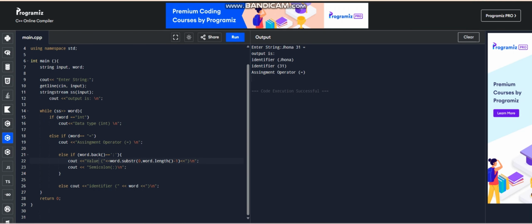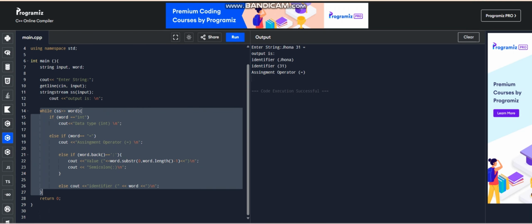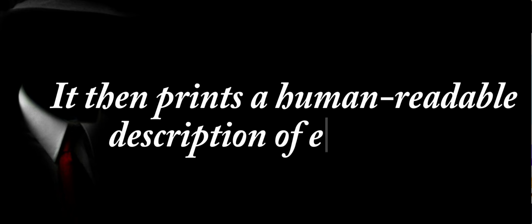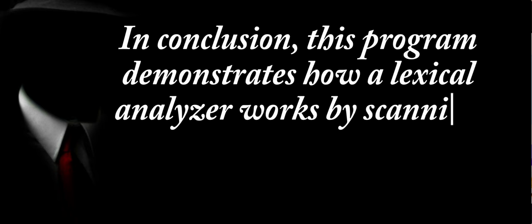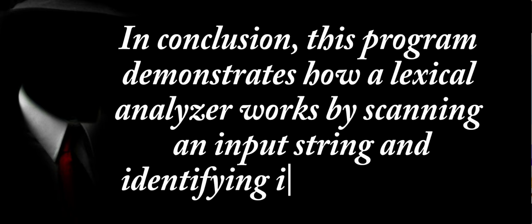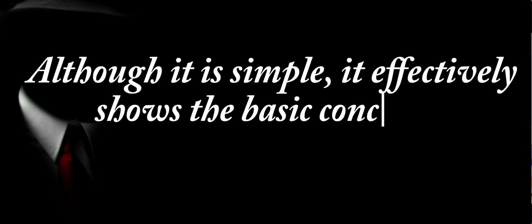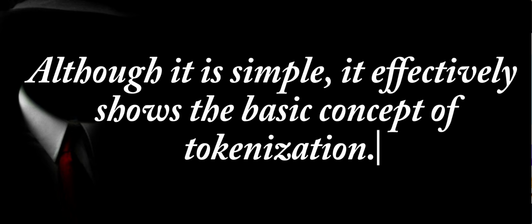Using these conditional statements that we have here, it prints a human readable description of each token. So in conclusion, this program demonstrates how a lexical analyzer works by scanning an input string and identifying its components. Although it is simple, it effectively shows the basic concept of tokenization.